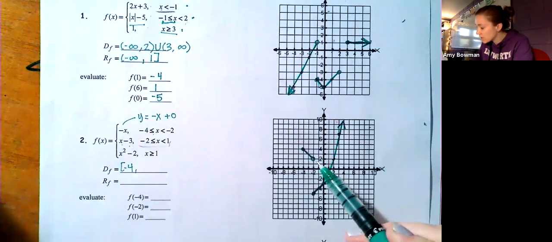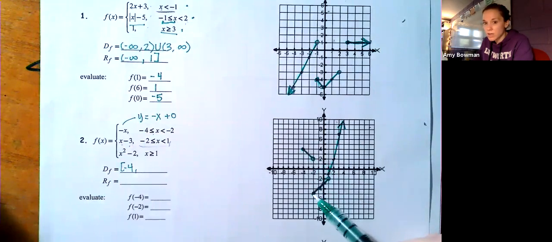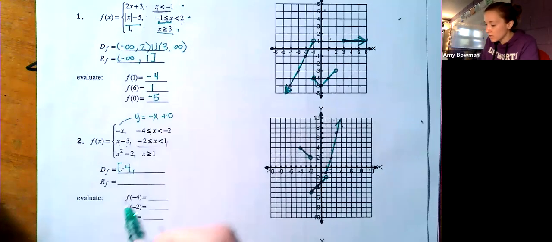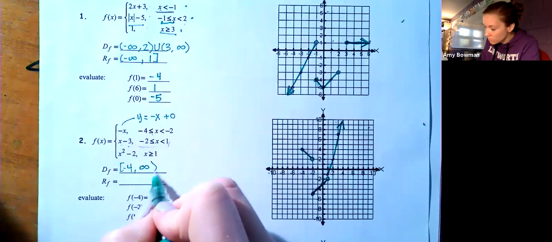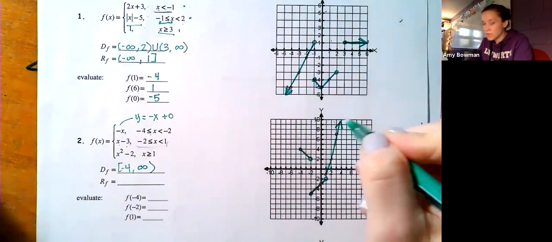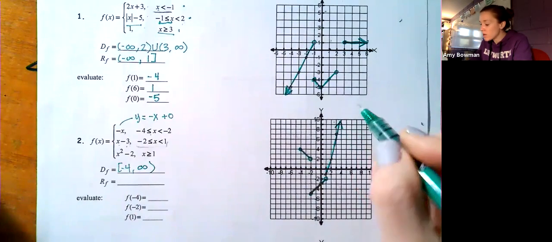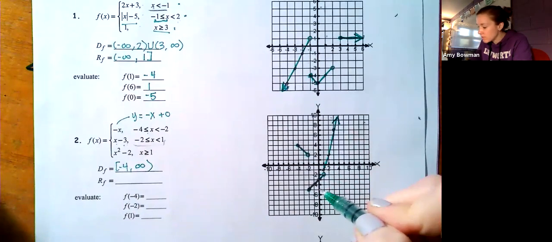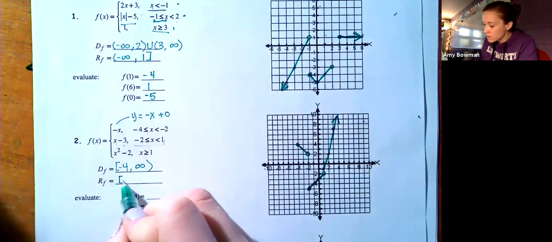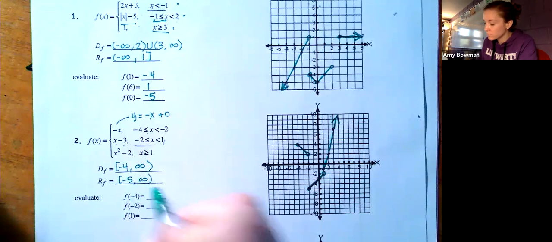We can plug in -2, even though it's not included here, it is down here. We can go all the way to here at 1. It jumps to a new function. We can plug anything greater than -4 in. So -4 to infinity. The range, while this arrow indicates it will continue up forever, the lowest it gets is this value down here of -5. So our range is -5 to infinity.